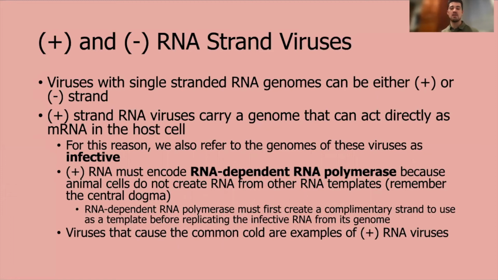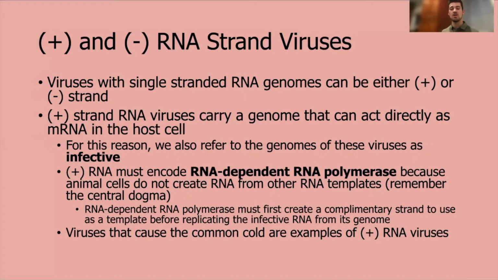So RNA-dependent RNA polymerase must first create a complementary strand to use as a template before replicating the infective RNA from its genome. Because remember how polymerization works, it's all complementary. So if we create a complementary strand from that positive strand RNA and we try to make a protein from it, it's going to code for a useless polypeptide, basically.